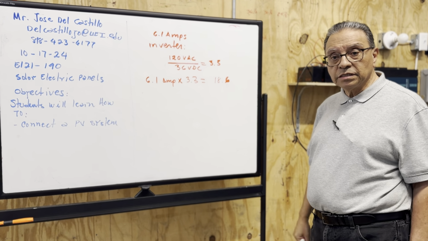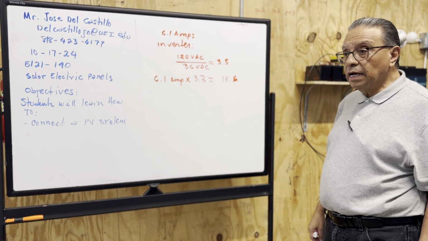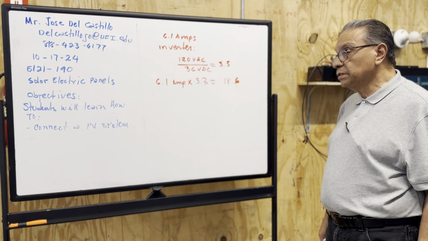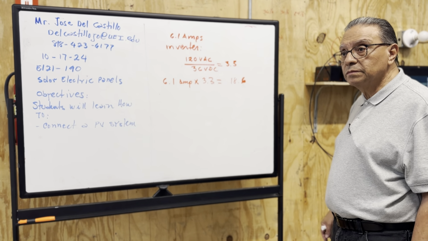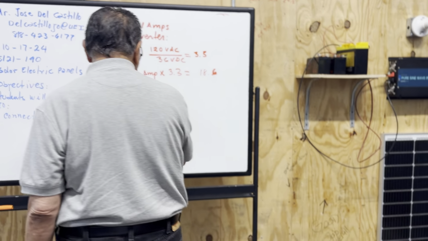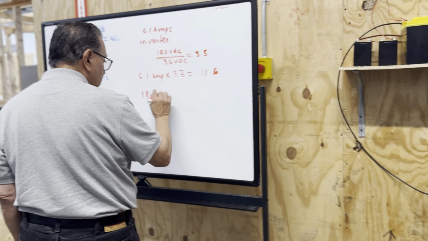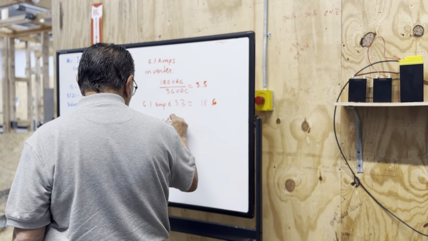The next question is, how many hours do I want to have this? So I say, okay, 2 hours every night. So I will have 18.6 times 2 hours.